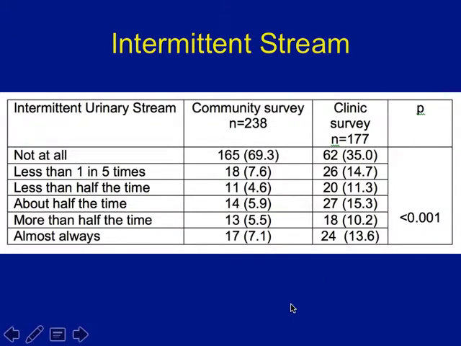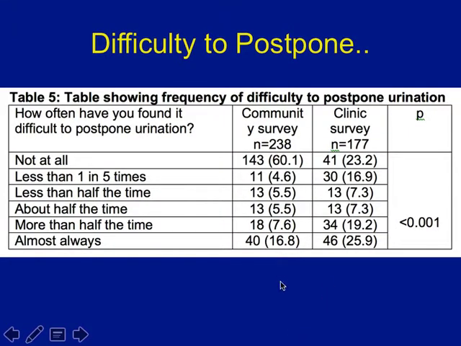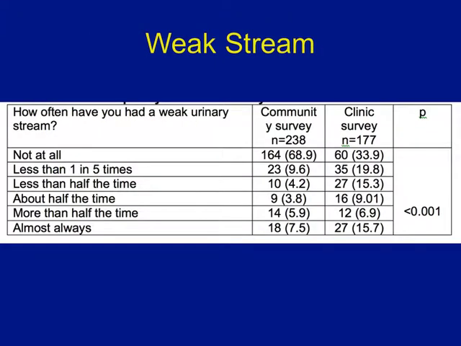Intermittent stream, about 1/3 of men in the community had some complaint about that versus 2/3 of people who made their way into clinic. Difficulty to postpone. This is about 70 to 80% of people who came to clinic. This was actually a very big symptom. Like 25% of the people at the clinic almost always had difficulty postponing urination.